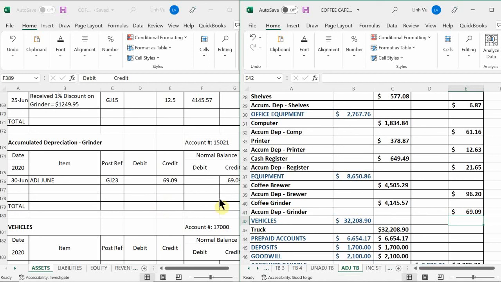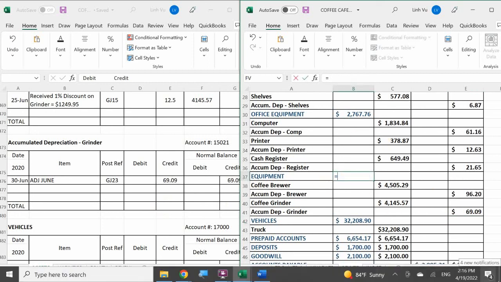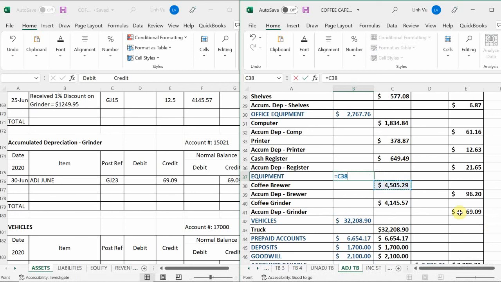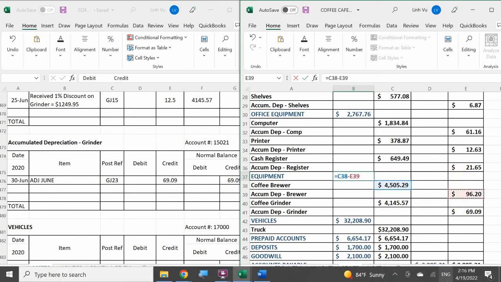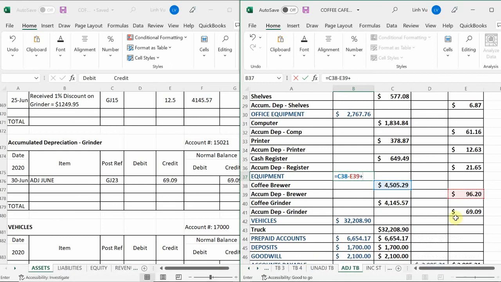Okay. So right now I currently have 8,650. Okay. So I'm going to add my coffee brewers minus the depreciation, add the coffee grinder minus the depreciation. So I am now at 8,400.